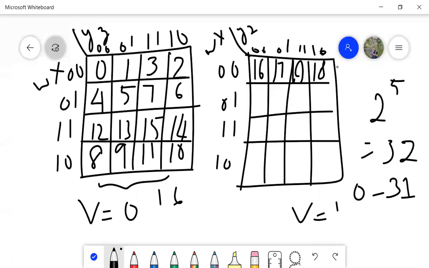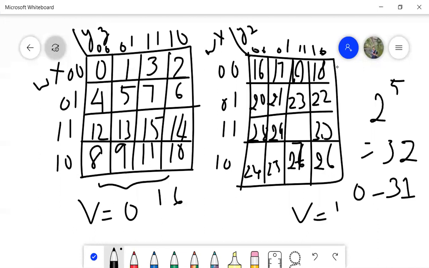This represents minterm 20, 21, 22, 23, 24, 25, minterm 26, and this will be 27, 28, minterm 29, minterm 30 and this will be 31. So this is a 5 variable K-map. We can see that we have all the 32 combinations here.